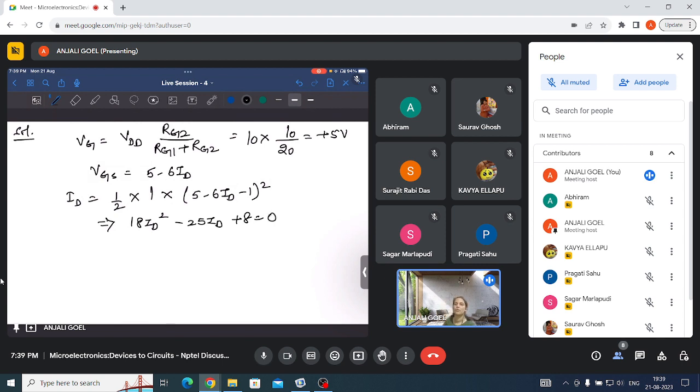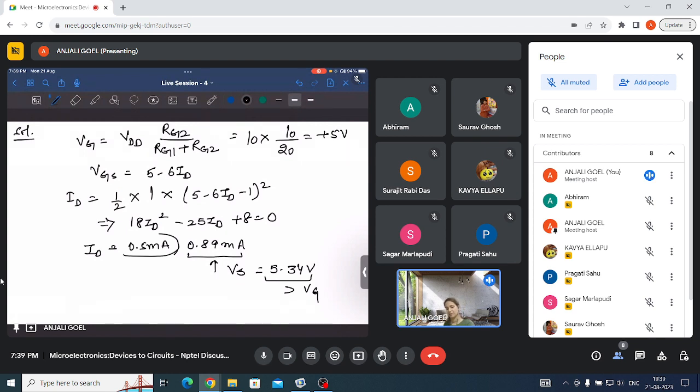Can someone tell me what are the two values of ID? 0.5 milliamp and 0.88 milliamp. Okay, I calculated 0.89. When we use this, our source voltage came out to be 5.34 volt, which is much greater than your Vg, which is not possible.